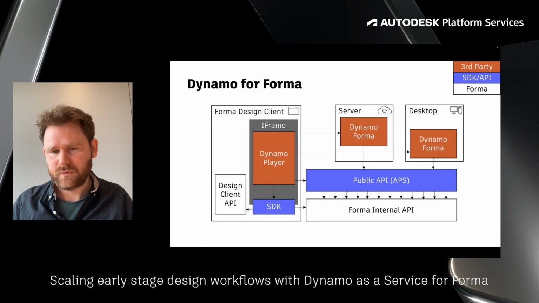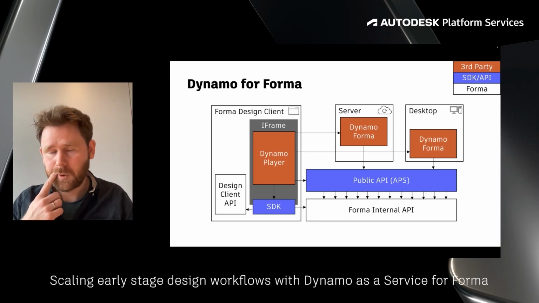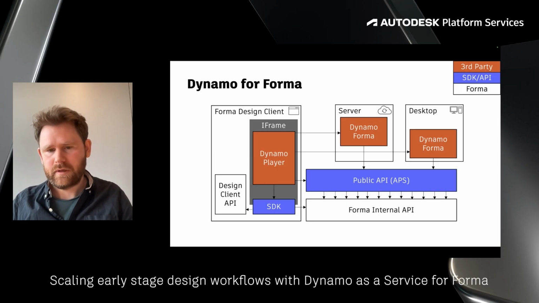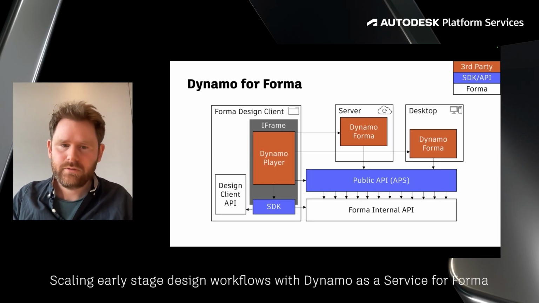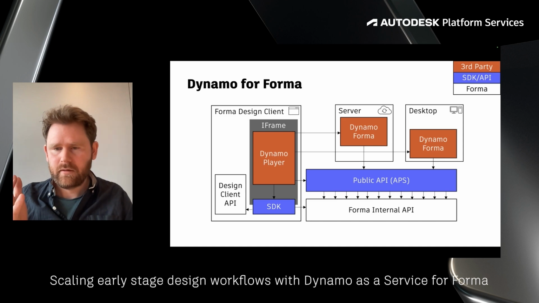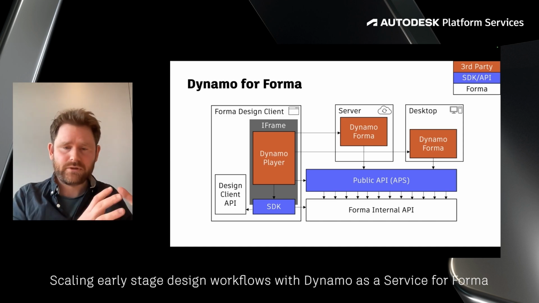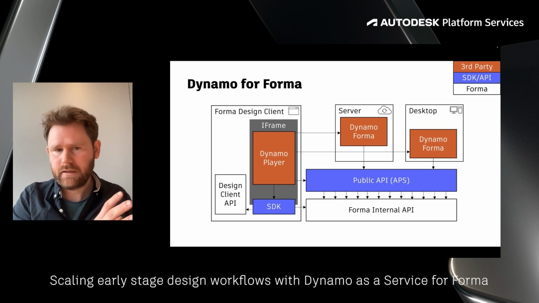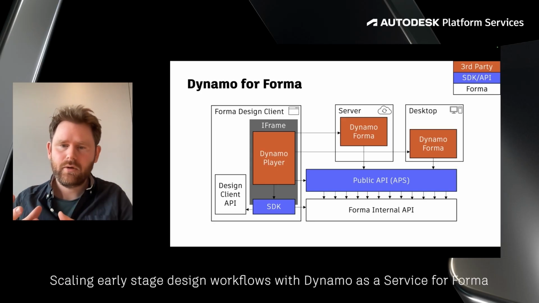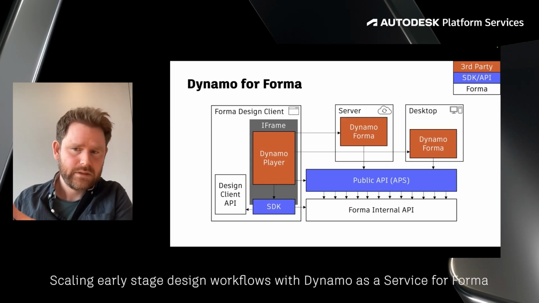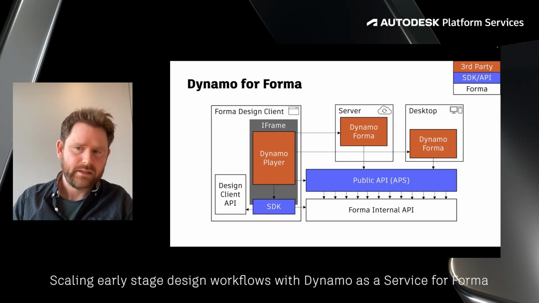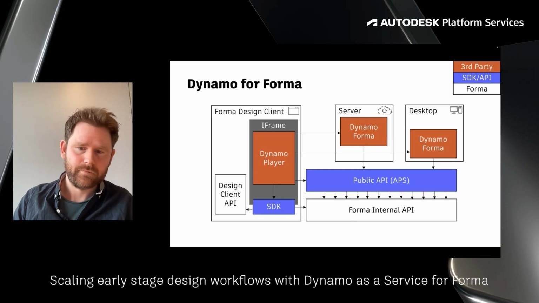And it's also talking to the internal Forma API through a layer of the public Autodesk API called APS to interact together. So here you see an example of an extension to Forma, which runs partly in the browser, partly code on a server on AWS, and also partly on the desktop running inside a desktop software.